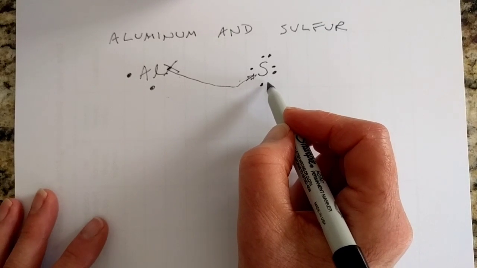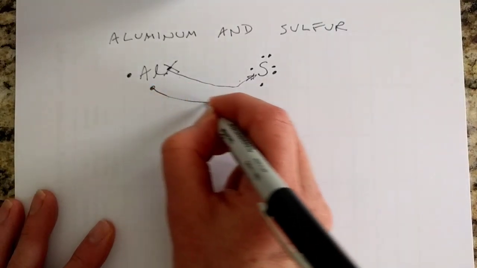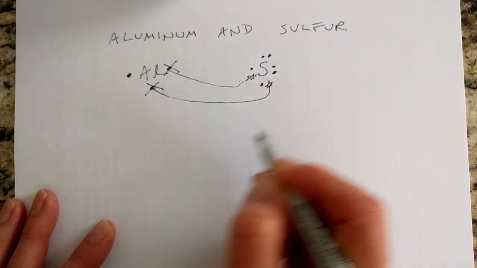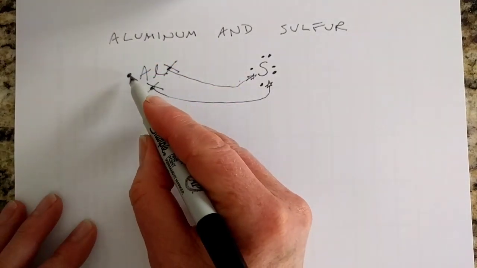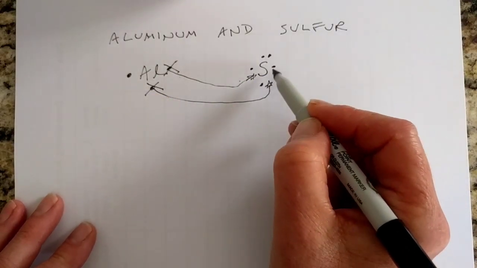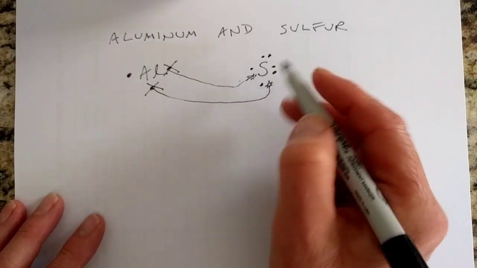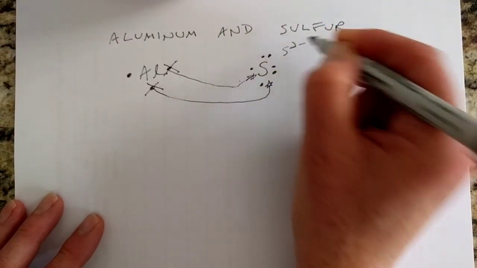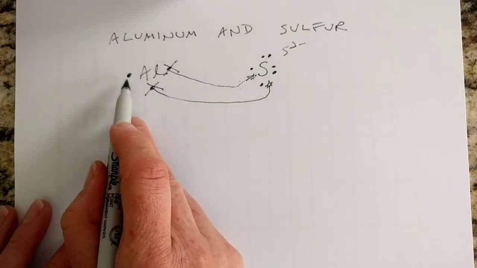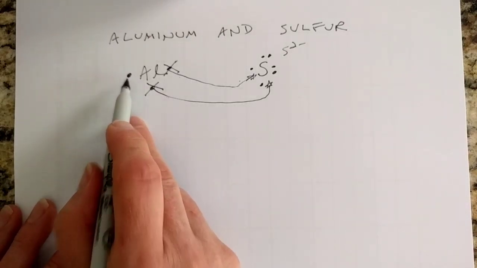You have another spot open here, so this electron can go here. Cross that one out. Aluminum still has one valence electron that it needs to get rid of. Sulfur now is 1, 2, 3, 4, 5, 6, 7, 8. This sulfur is done. This is an S2 minus. It's full. It's done.